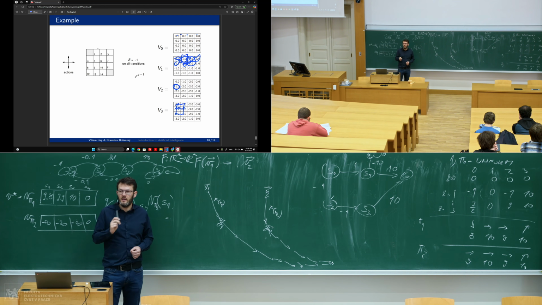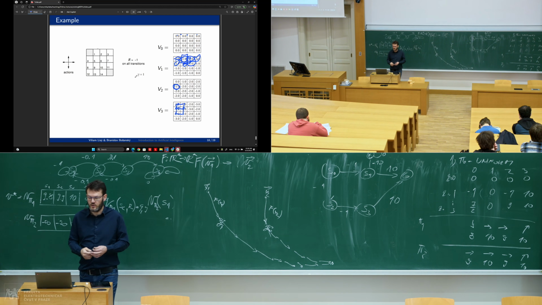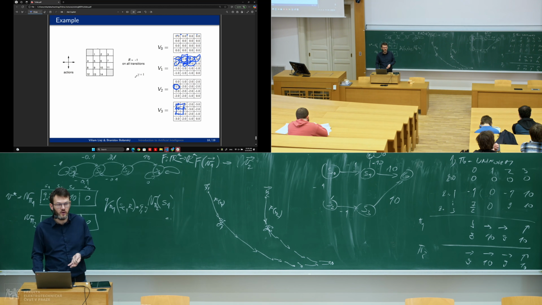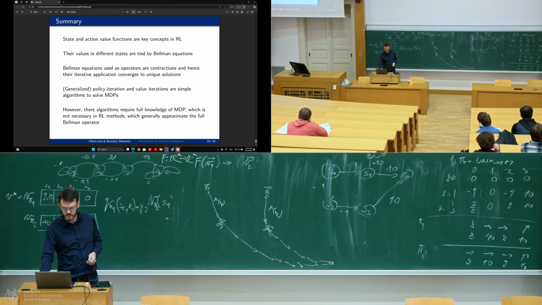So even this way, you will still converge to where you need. So you can save memory by just having one array and not two arrays and swapping them, as the algorithms are usually explained and theoretically analyzed, but this works as well and is much more often used. Okay, so that's all I wanted to tell you today.